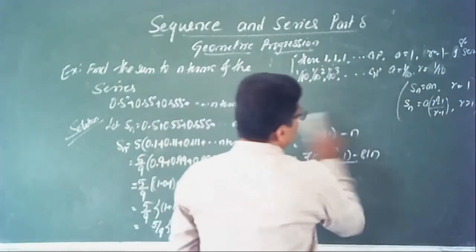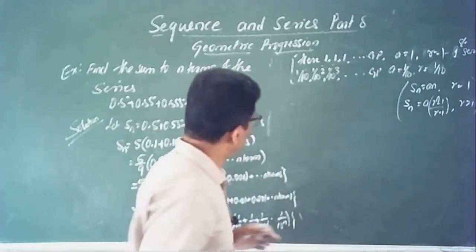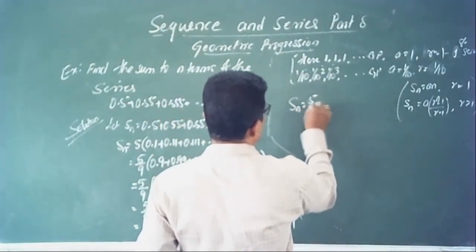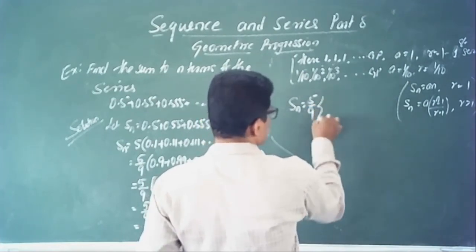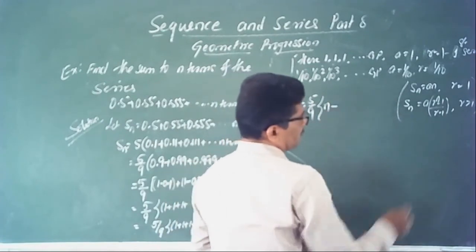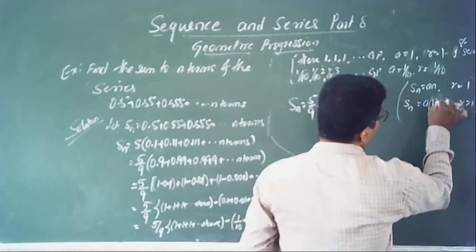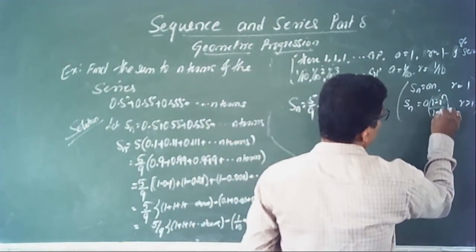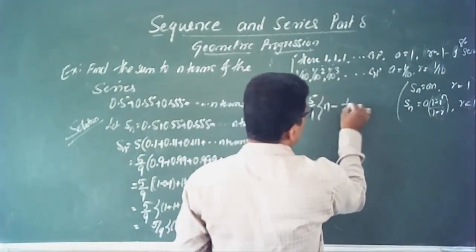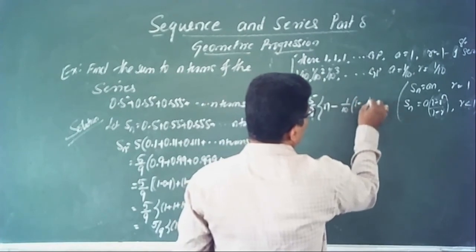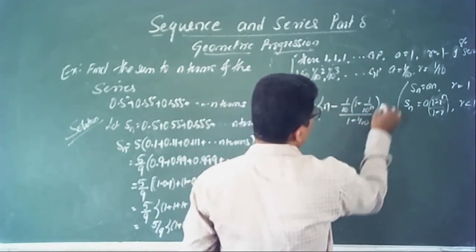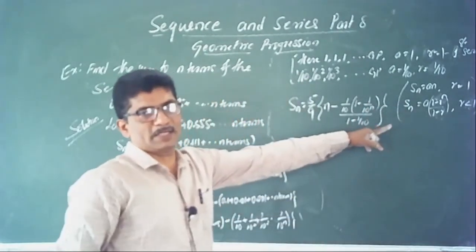Therefore, here Sn is equal to 5 divided by 9 into, the first one, 1 added n times, which means n. Here minus, you know that (1 minus r raised to n) divided by (1 minus r) is used when r is less than 1. Here you write A, that is 1 by 10, into 1 minus 1 by 10 raised to n, divided by 1 minus 1 by 10, using this formula.